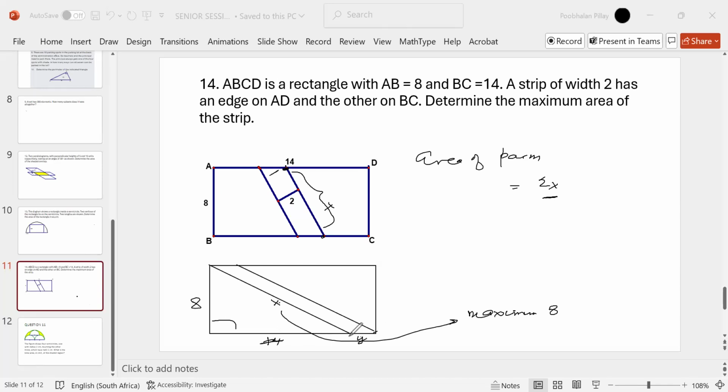This part here is y, and this part here will be 14 minus y. So you get 8 squared plus y squared is x squared, right? So you get 64 plus y squared is x squared.